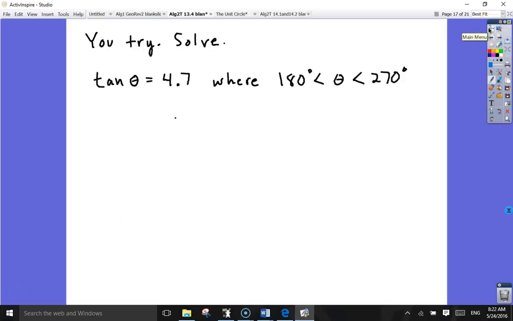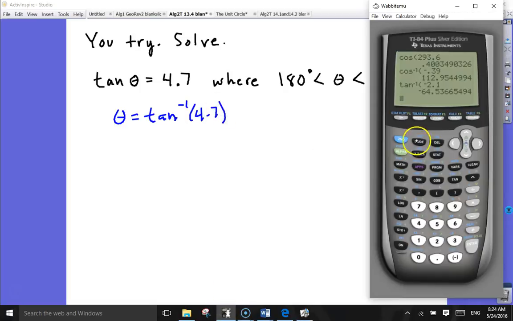So try to do that one. Tangent. Looking for a value that's in between 180 and 270. So first you've got to do theta's tan inverse of 4.7. And what does that turn out to? Second, tan inverse 4.7. 77.98, 78 degrees, right?